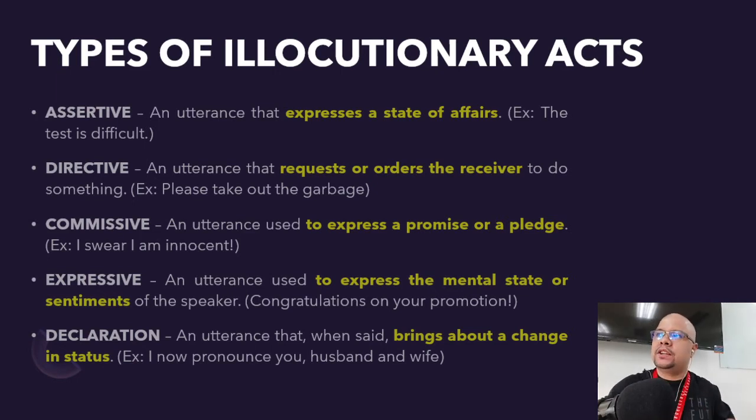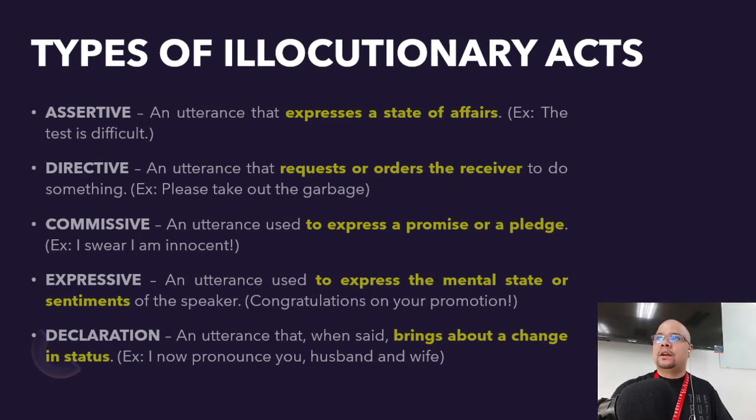When the judge bangs the gavel and says, you have been found guilty of the crime, the status of the defendant, of the suspect, changes from being a suspect to being a criminal.